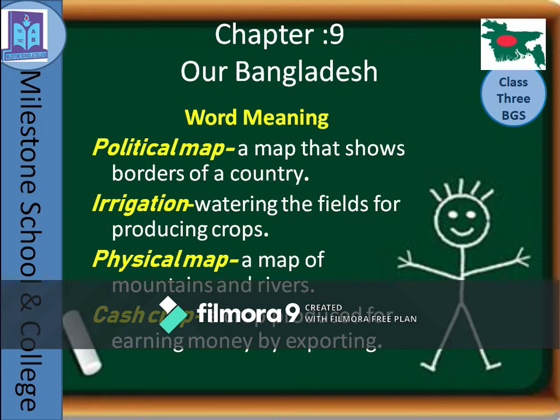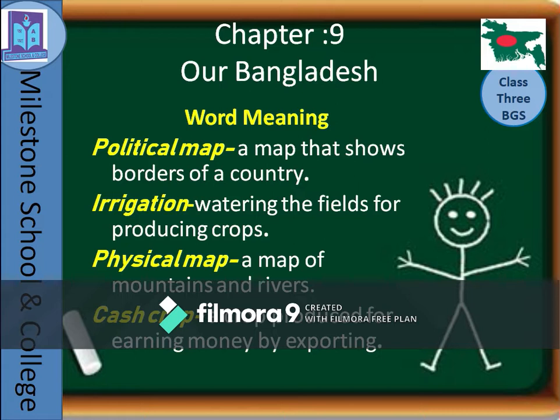Physical map, a map of mountains and rivers. Actually, a map that shows not only mountains and rivers but also flatlands and deltas is called a physical map. That means a map that shows mountains, rivers, flatlands, deltas is called a physical map.